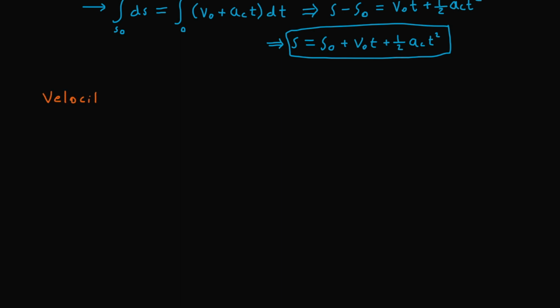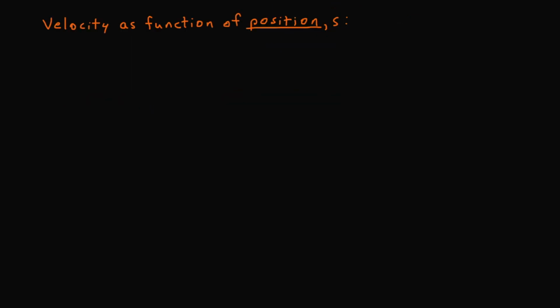And finally, for our third expression of constant acceleration formulas, we have velocity as a function of position s this time. So now, in this case, we're simply integrating that one expression we had found relating velocity, position, and acceleration, which is v dv equals ac times ds.